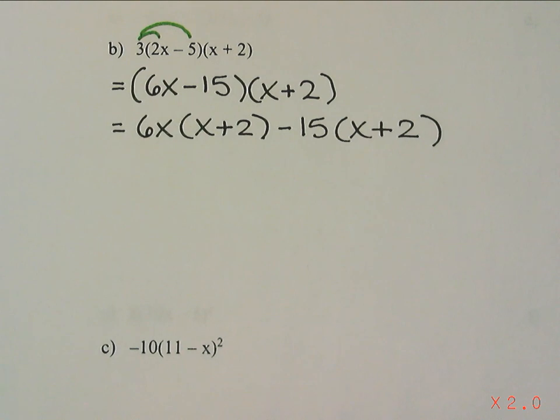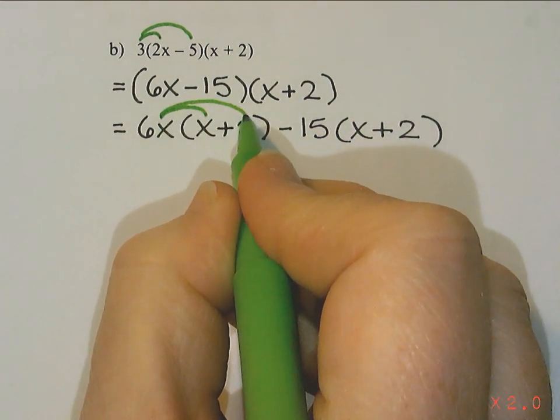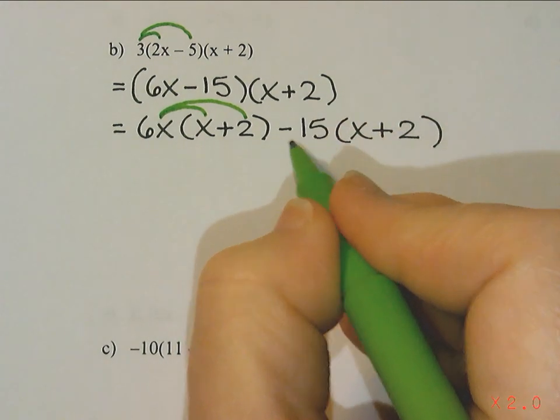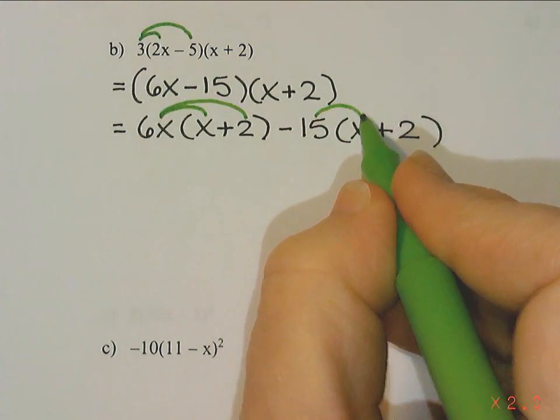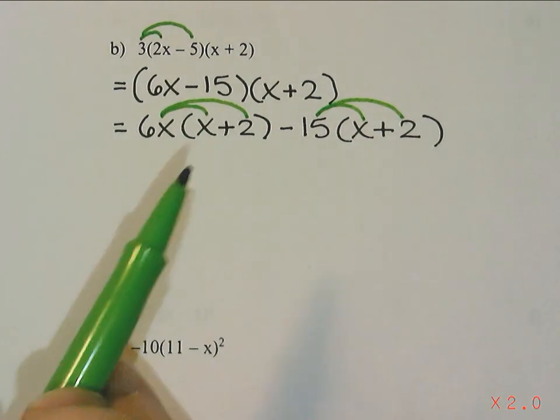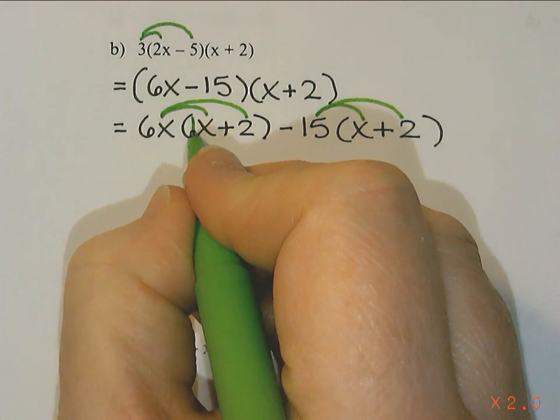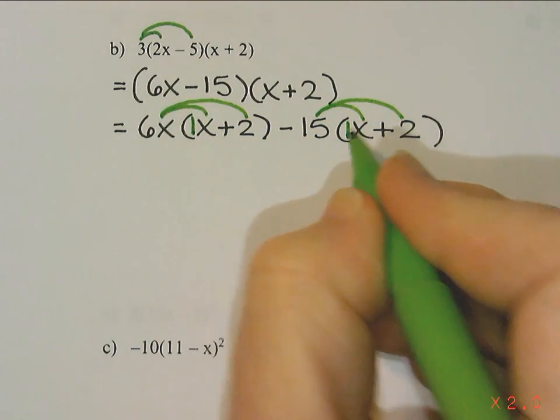From here, I am going to multiply 6x times x, 6x times 2, and then not just 15, but negative 15 times x, and negative 15 times 2. Now I notice that there isn't a number in front of the x, but I do know that there is a secret 1 if that helps us, so I'm going to write that in.